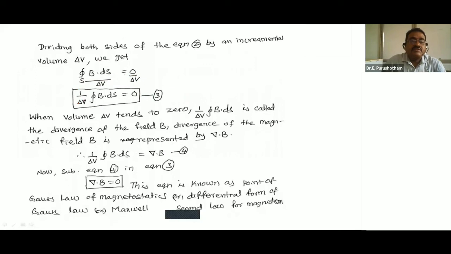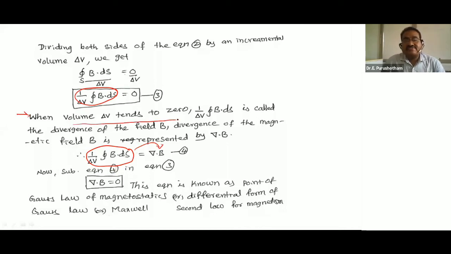When the volume delta V tends to 0, this term represents del dot B. Clearly, I mentioned here, when volume delta V tends to 0, this 1 by delta V surface integral of B dot ds is called the divergence of magnetic field. It is represented by del dot B. So this value is equal to del dot B.